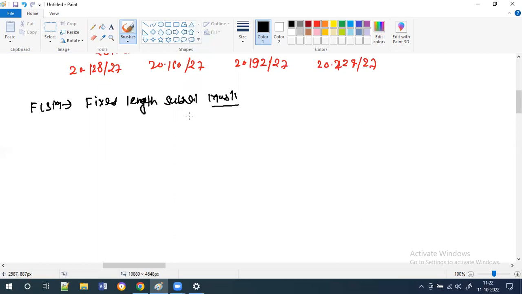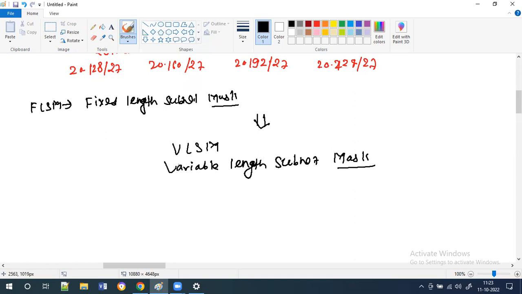So the solution is VLSM, variable length subnet mask. Correct? Now let's understand what is this.